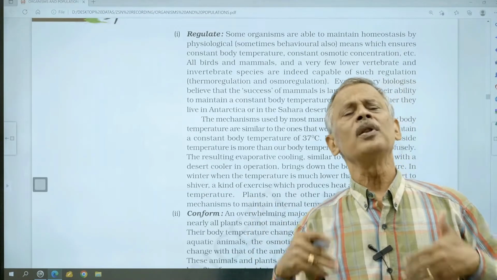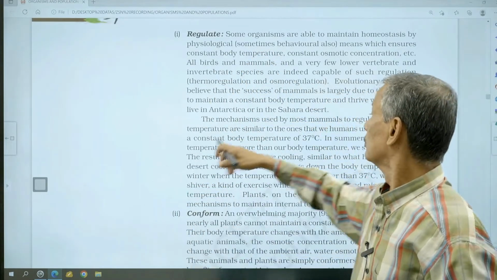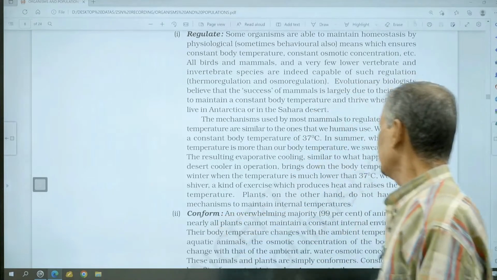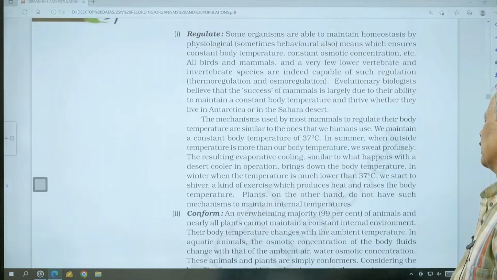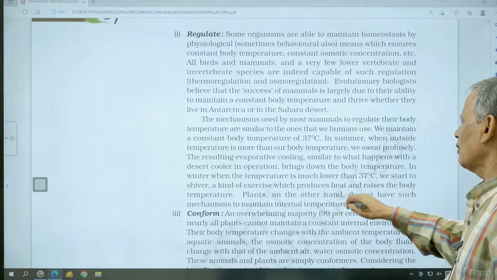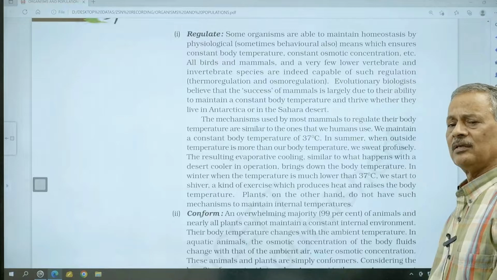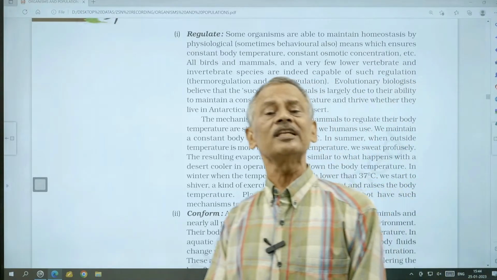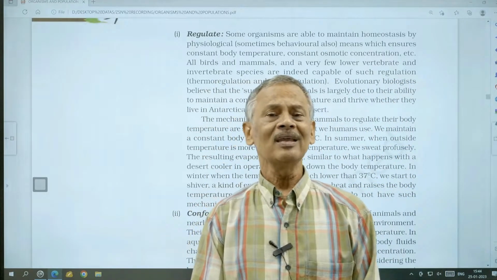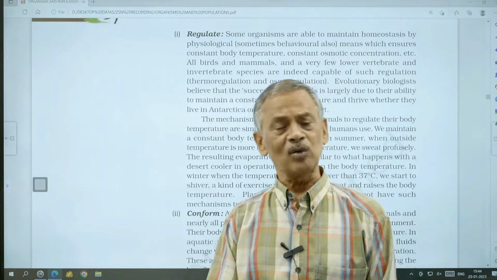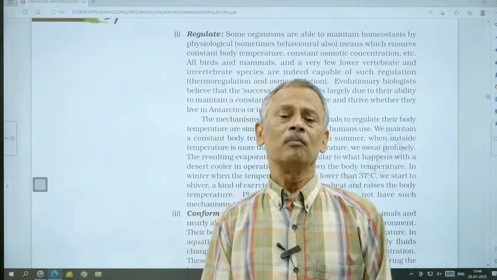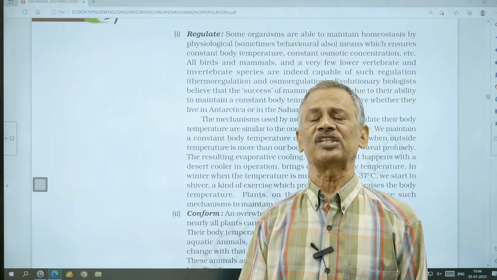So they simply conform. 99% of the animals and all plants cannot maintain a constant internal environment. Why? Because it is very energetically expensive and there should be so much advanced machinery for maintaining that constancy.